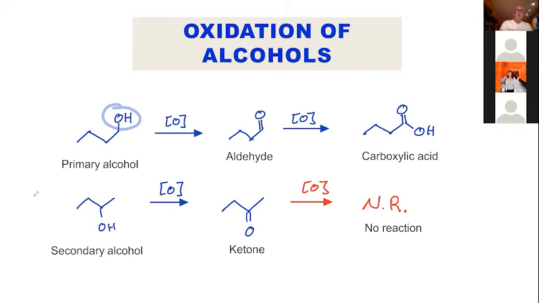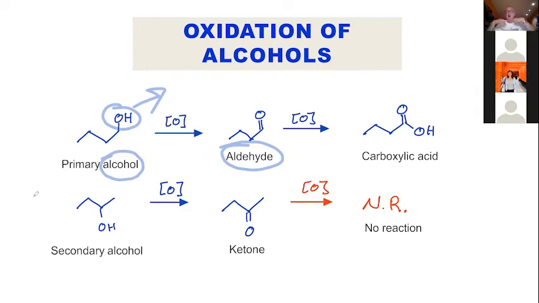So we oxidize that and basically we remove the hydrogen and we increase the bonding with that oxygen. And so we turn the alcohol into an aldehyde. That is an oxidation because now that carbon is doubly bonded to the oxygen rather than singly bonded.